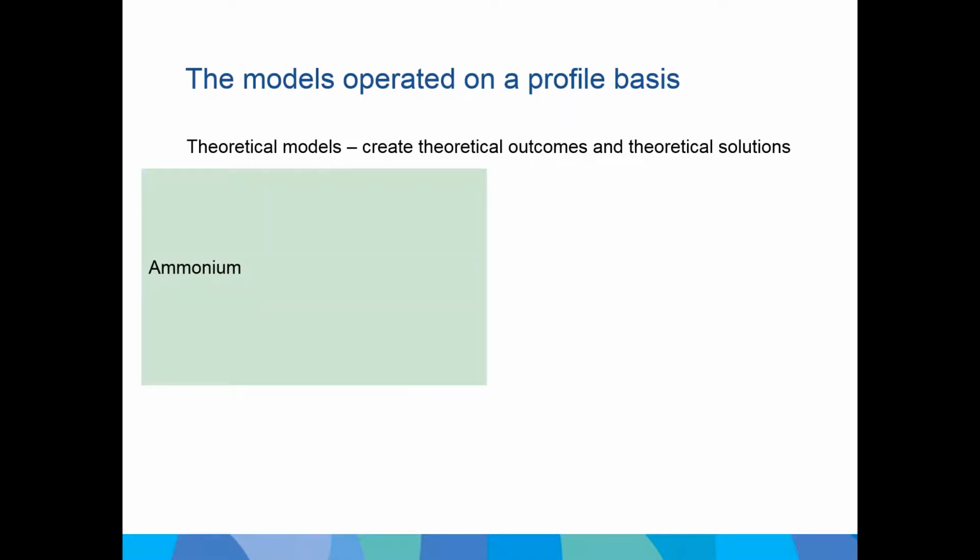To give you an example, we know that ammonium can convert to nitrate by the nitrification process, and that's acidifying. So in the normal process, nitrate is created and acid is produced. If that nitrate is taken up by a plant, then theoretically an alkali is released back into the soil, and that alkali will neutralize some of the acid formed by the nitrate production.